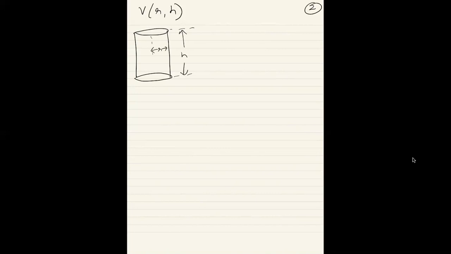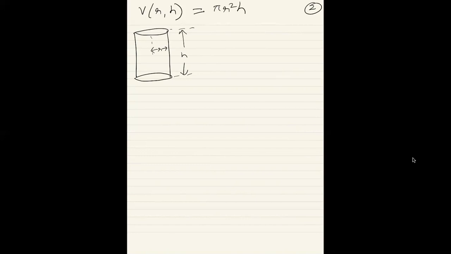So we can calculate the rate of change of volume if the height was kept constant. So first of all, we need to know what this function is. This is something which you should recall from high school geometry or first year freshman math, that it's pi r squared h.